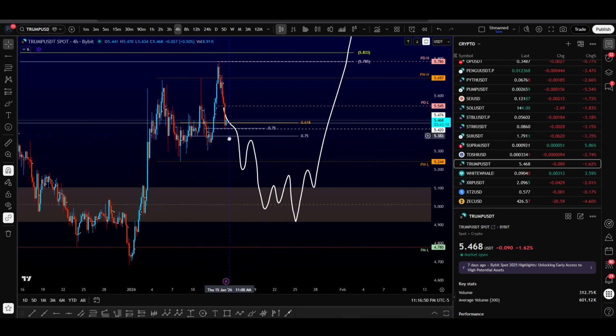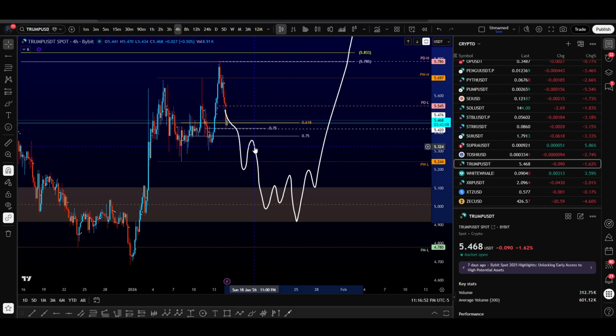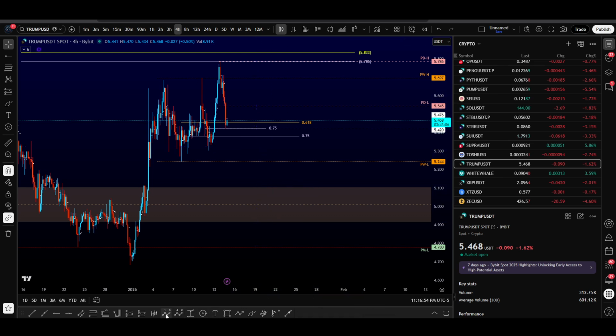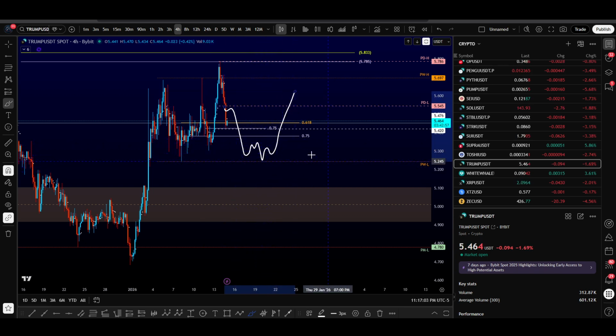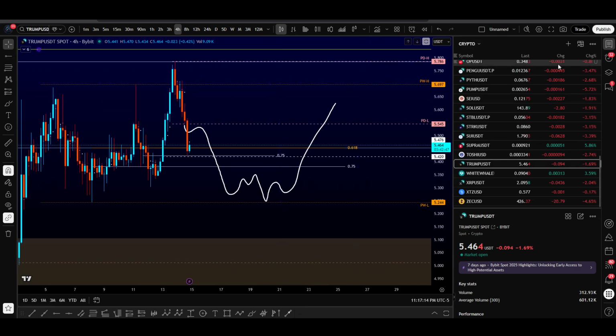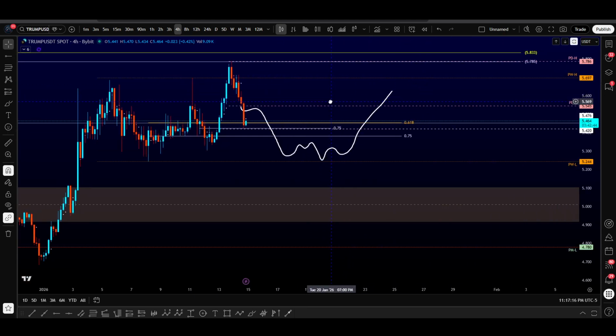This will be a very interesting trade for it to take these lows right here, but still defending last week's low, right? So something like that. Even if it comes down that close, as long as it doesn't penetrate that low, that would be a good sign. And then it's more than likely going to take out this high, which is around $5.78.